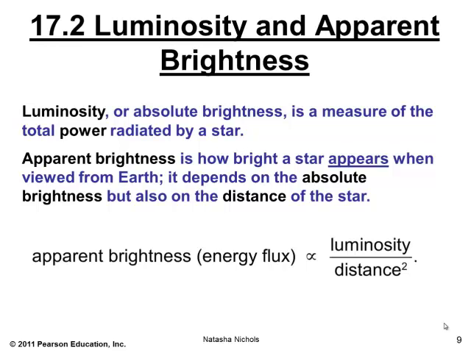Apparent brightness depends on the real, absolute brightness, but also on the distance of the star. And we can write this as a mathematical relationship. Apparent brightness, or energy flux, is proportional to the luminosity divided by the distance squared.